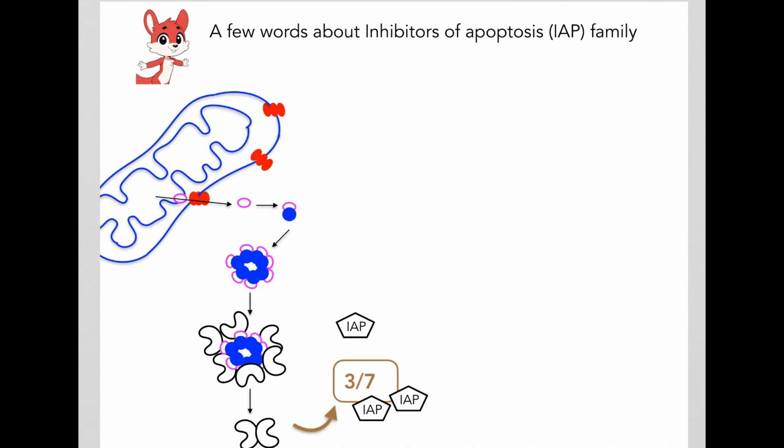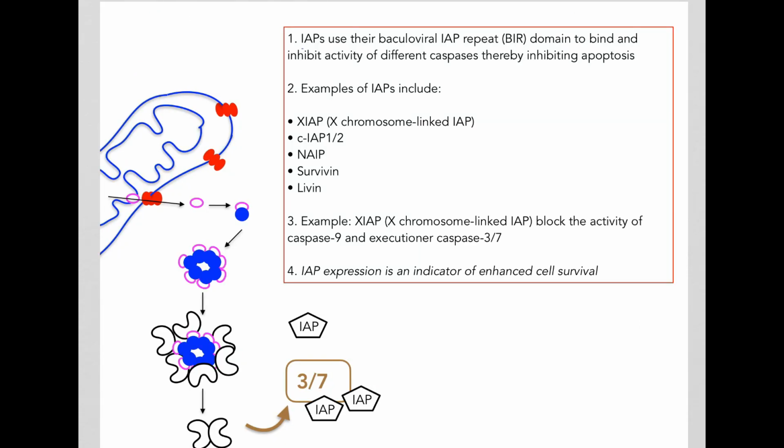A few words about these proteins called inhibitor of apoptosis, or IAP family of proteins. These IAPs have a domain called BIR, the baculoviral IAP repeat domain. They use this BIR domain to bind and inhibit the activity of various caspases, and by inhibiting caspases, they can inhibit apoptosis.